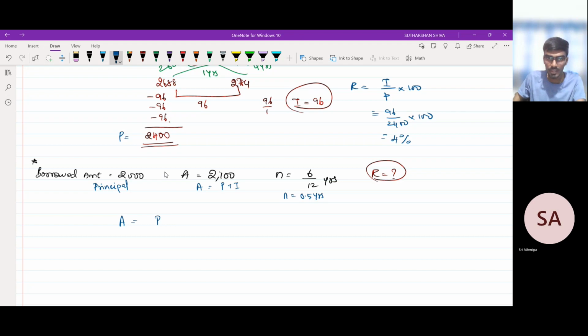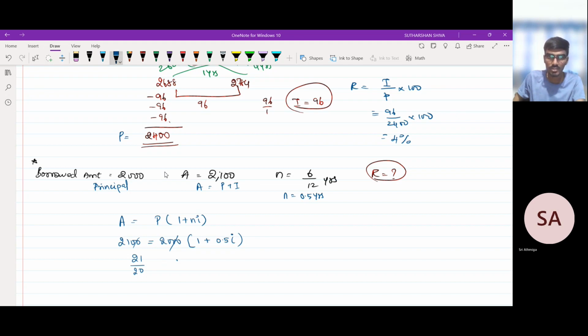I know one formula: A is equal to P into 1 plus Ni. From this, A I know, 2100 equals principal I know, it is 2000, times 1 plus N, I know it is 0.5, I don't know. So if I do this, the two zeros will cancel. 21 divided by 20 equals 1 plus 0.5i.